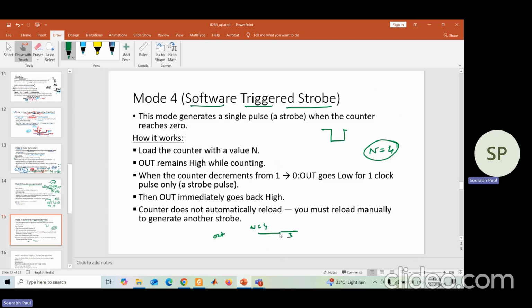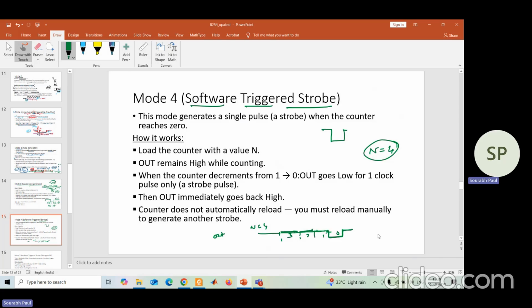For 3 also it is high, for 2 also it is high, then for 1 also it is high. And when it comes to the last count, only then it will be low. So 3, 2, 1, 0.